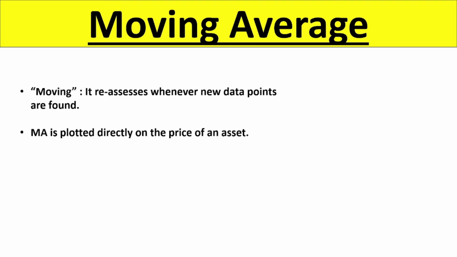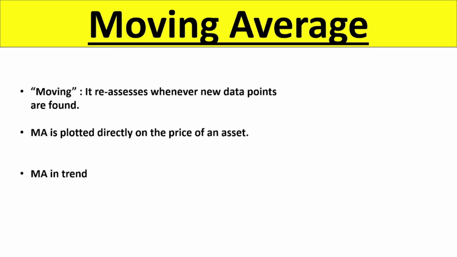The next point is, whenever this moving average indicator is used, it is directly plotted on the price of an asset on the chart. And the third important thing, friends, is that moving average indicator helps us in identifying the trend.